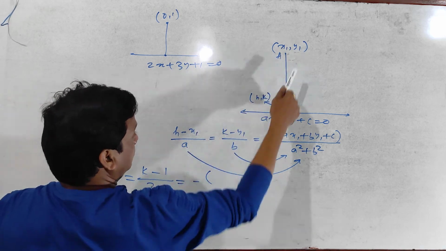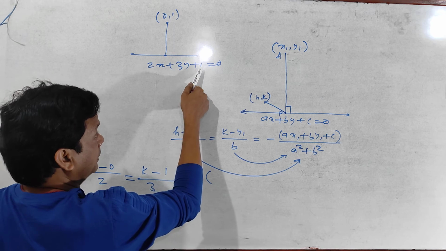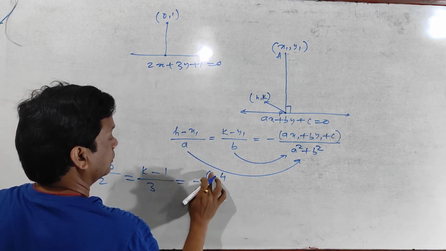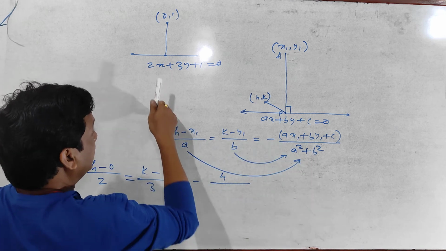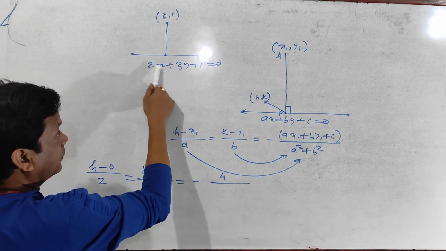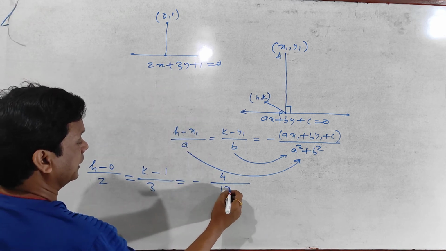Let me put x1, y1 in this equation: 0, and 1 gives 3, plus 1, it is 4, divided by a square plus b square. 2 square is 4, 3 square is 9, 9 plus 4 is 13.